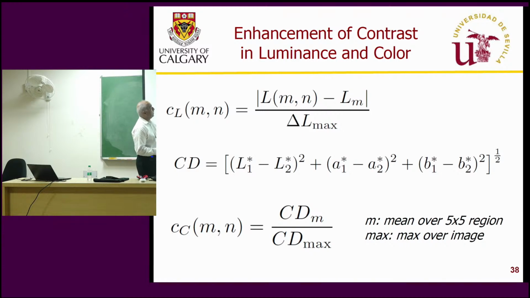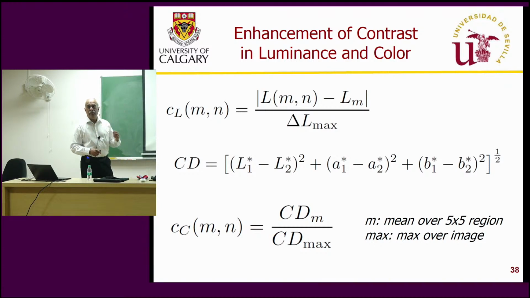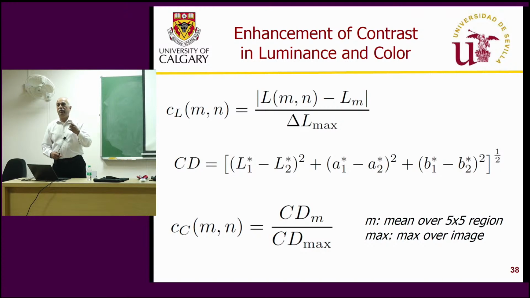So take the Euclidean distance between the two values, foreground, background. The average of the foreground, average of the background, the L1 and L2, A1, A2, B1, B2. So you're taking the same Euclidean distance, but now in the LAB space, and that is supposed to be closer to the human visual perception in terms of differentiating between colors.